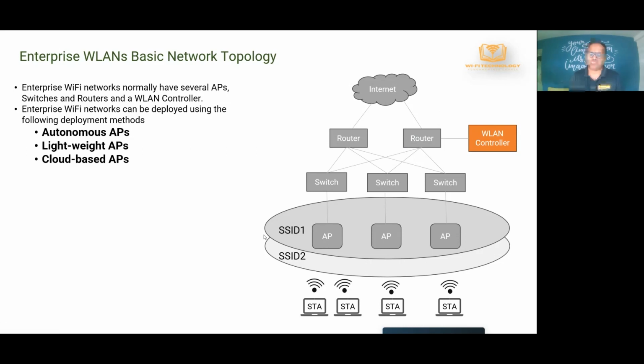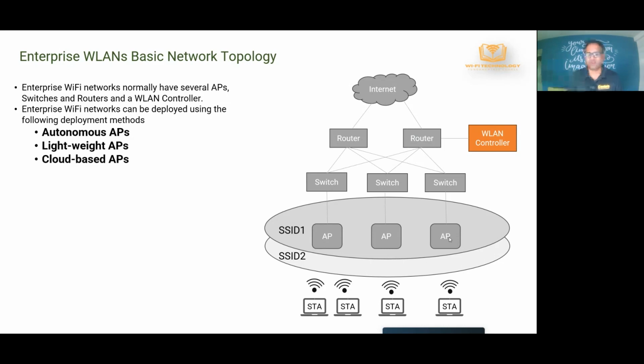So you can create SSID 1, and the same SSID might appear on the first AP, second AP, and third AP, and it looks like one virtual network. And similarly, you can have several wireless networks across all the physical access points. So you can have SSID 1, SSID 2, SSID 3, and so on.